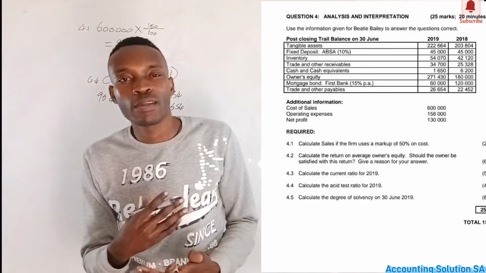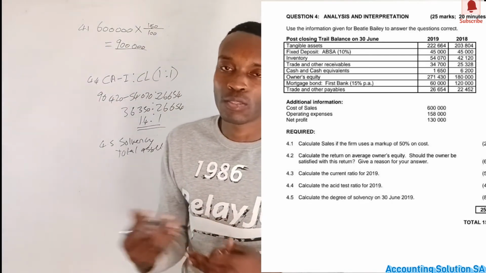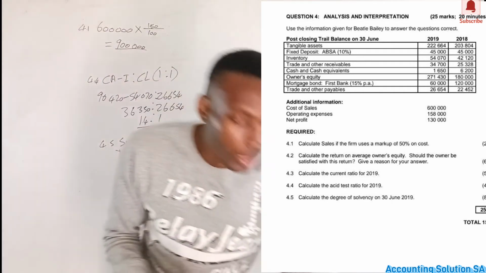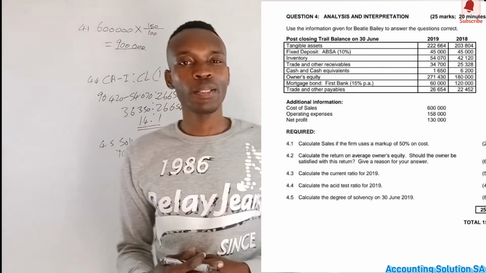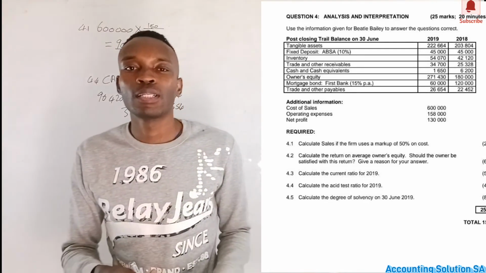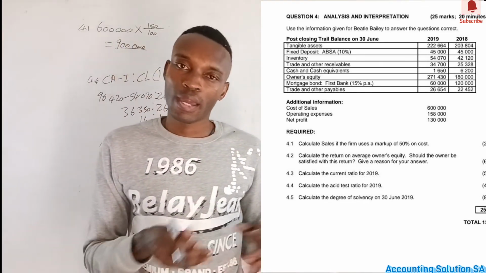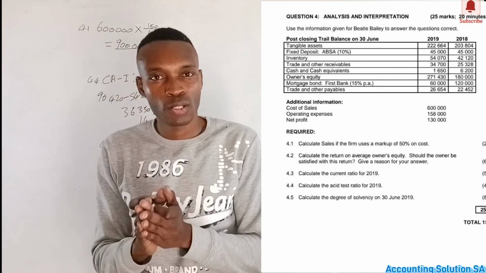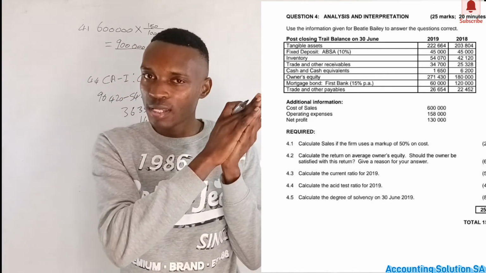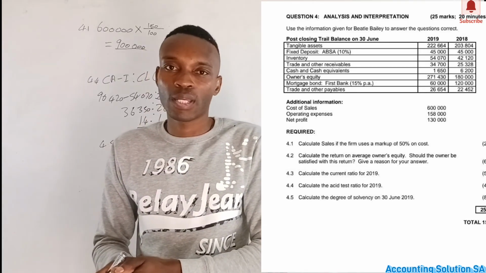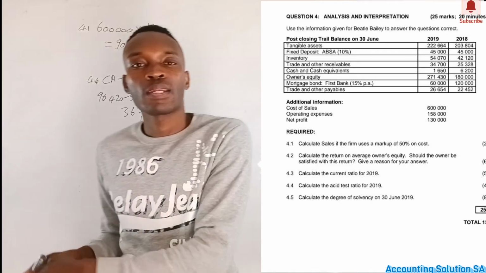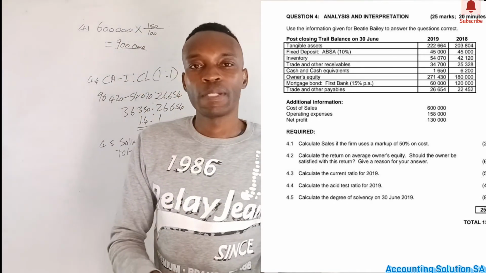You must know the difference, guys, between solvency and liquidity. When we talk about solvency, we don't measure only current or only non-current. We measure the total. Total simply means non-current assets and current assets, is to non-current liability and current liability.